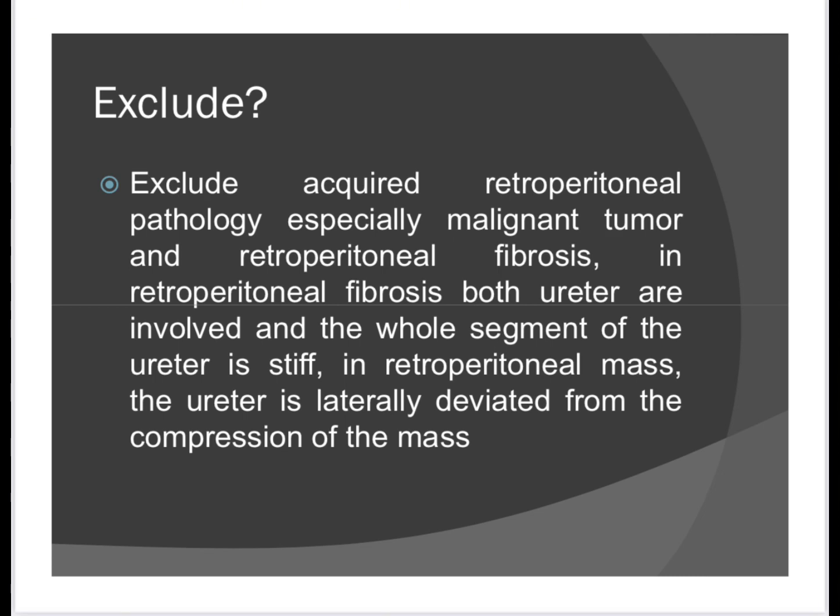The other is the retroperitoneal mass, and it can be easily differentiated from the retrocaval ureter in that retroperitoneal mass compression causes lateral deviation, not medial deviation of the ureter. So this is an important point to understand.